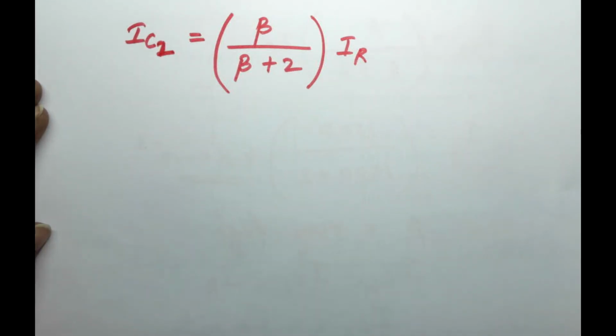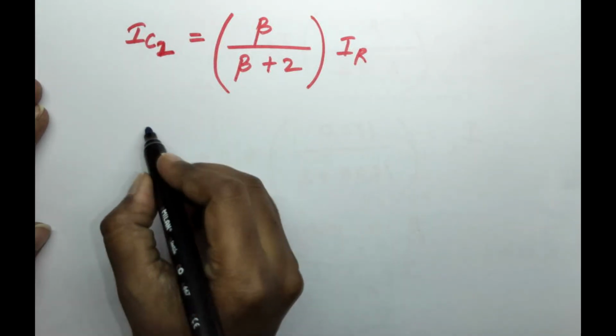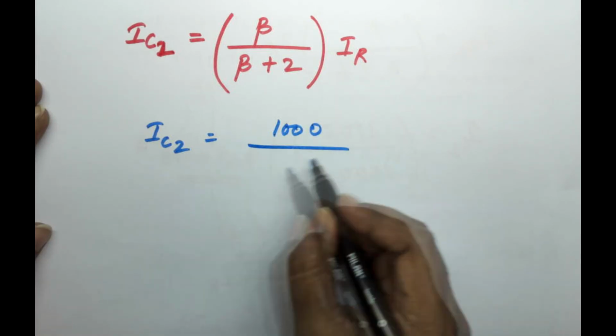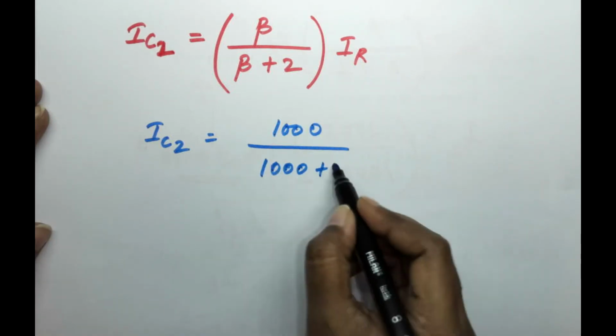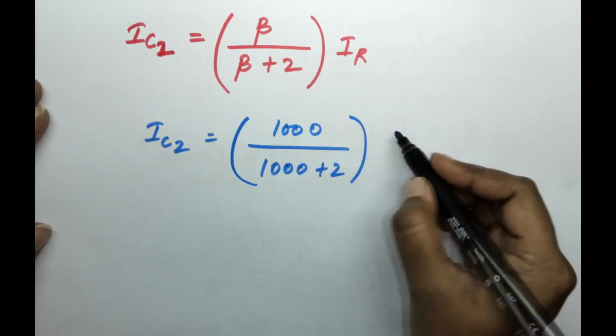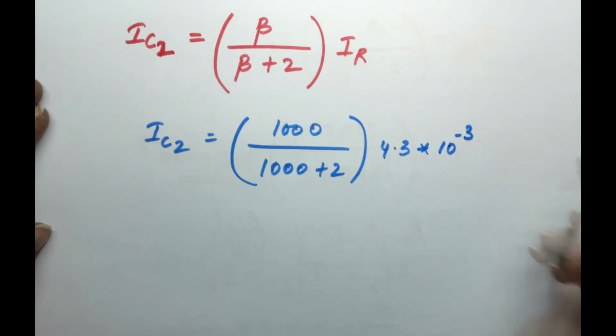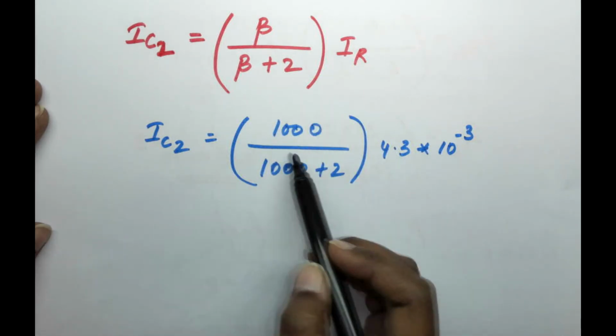So what do we have over here? IC2 is equal to 1000 divided by 1000 plus 2 into IR, which is 4.3 into 10 power minus 3. Now you will notice over here that beta is very high, right? So we see that beta value is very high.